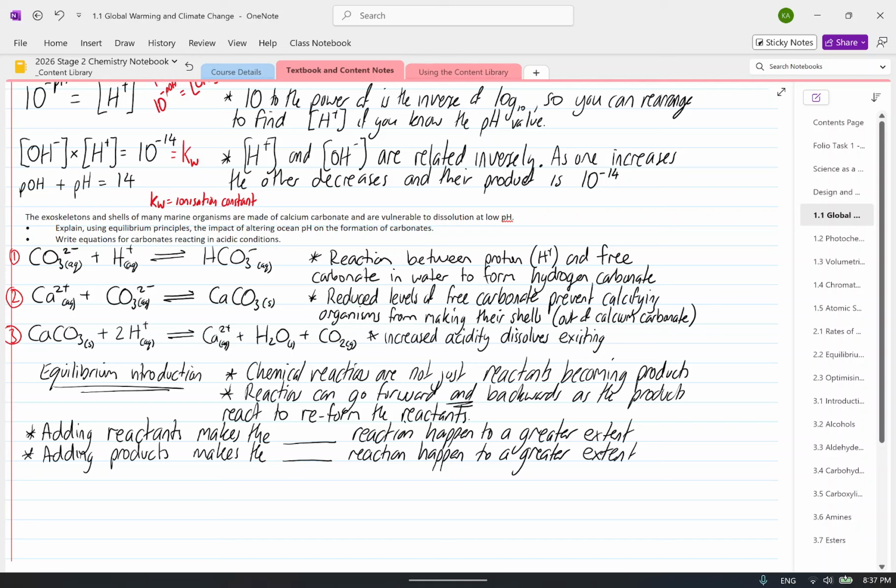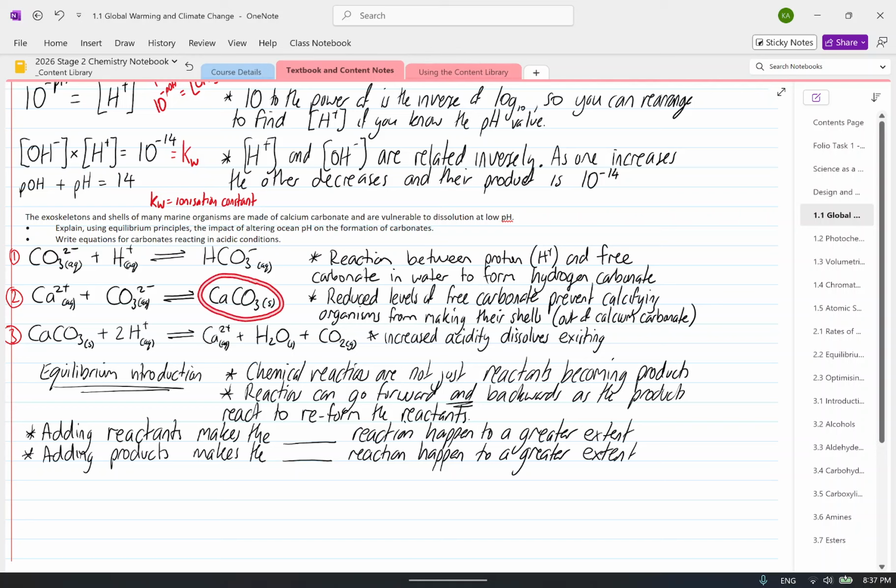Our second equation is focused on our calcium ion. Now, if you have CO3 2- in the water, a calcifying organism will combine it with the calcium ions to form solid calcium carbonate.